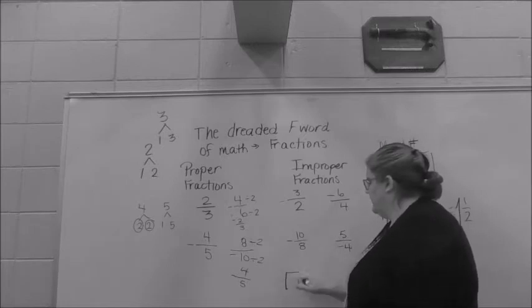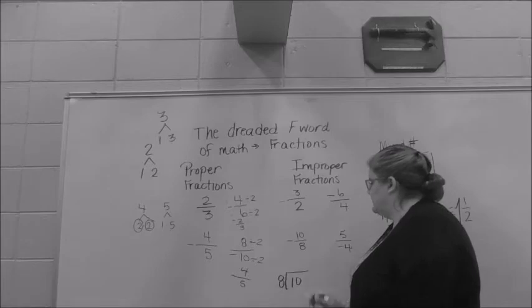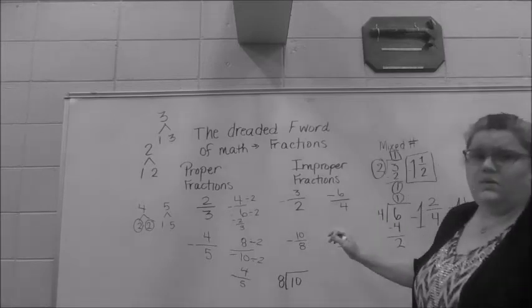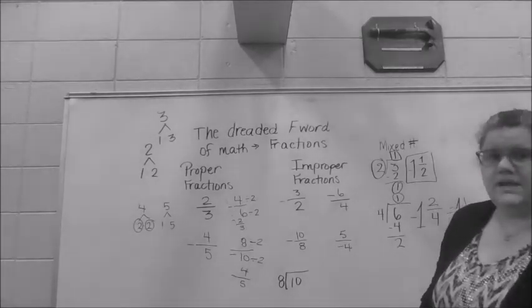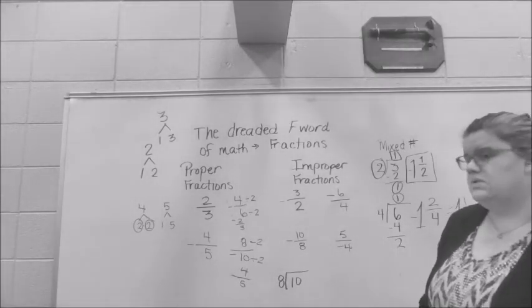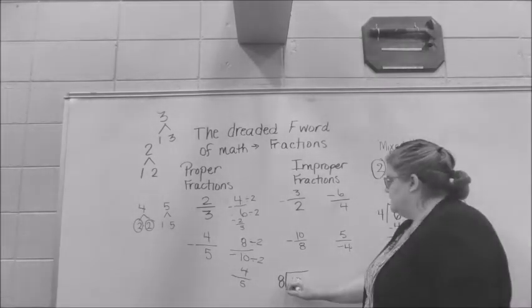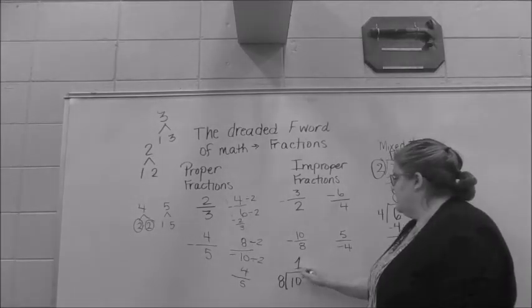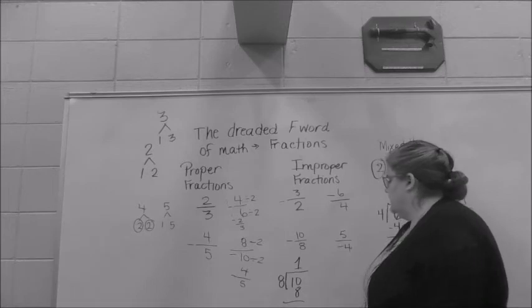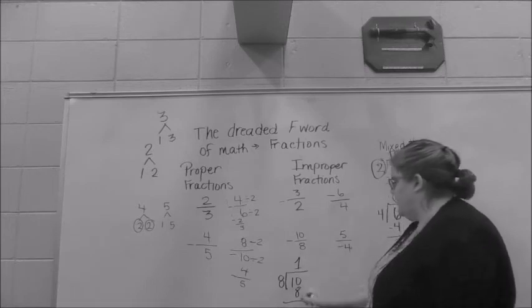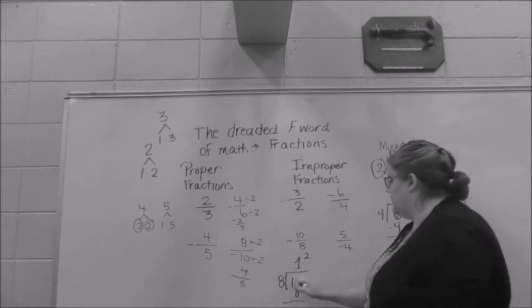Okay, I'm just going to work this one out right below here. So I'm going to put 10 in the numerator, 8 in the denominator. Some of you guys might be saying, oh, wait, that guy can be reduced because they're both even, and you are correct. I'm just going to wait until after I change it to a mixed number to reduce it. So 8 goes into 10 one time. I'm going to subtract and get 2. So 1 gets to stay my whole number, 2 is my numerator, 8 is my denominator.